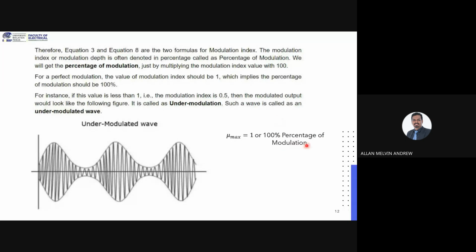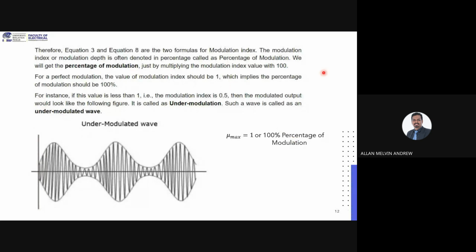So it depends on the question. If the question asks based on the ratio, then you can give the value between 0 to 1. If the question asks to calculate the percentage of modulation, you just times it with 100 and convert it into percentage.